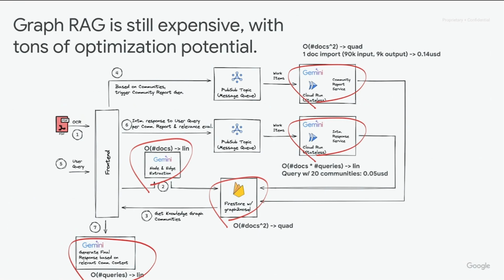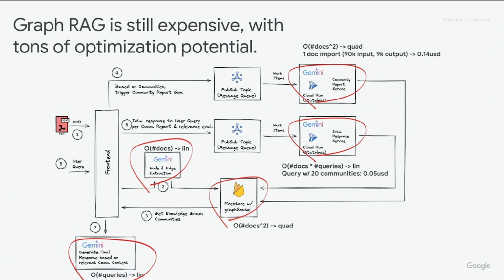The latency issue is fairly easily solvable, basically through this architecture. It looks a bit overwhelming, but essentially it's exactly the same as what I just showed you on the previous slide. The only thing that's happening is that these two steps, community report generation and intermediate answer generation, are essentially the parallelizable steps. So these are steps that I can define as a stateless microservice, and I can just outsource and parallelize them, right?